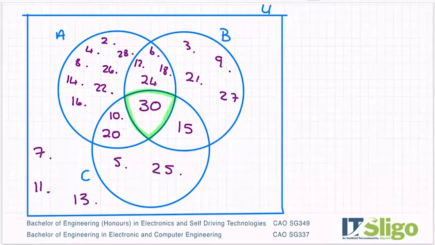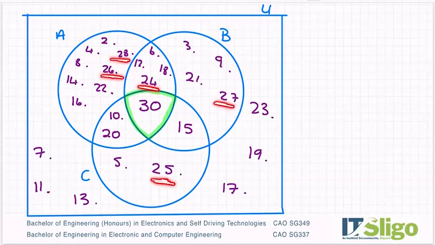I'm counting up in numbers as I'm doing this. 14, 15, 16, 17 doesn't belong. 18, 19 doesn't belong. 20, 21, 22, 23 doesn't belong. 24, 25, 26, 27, 28, 29 doesn't belong, and 30.